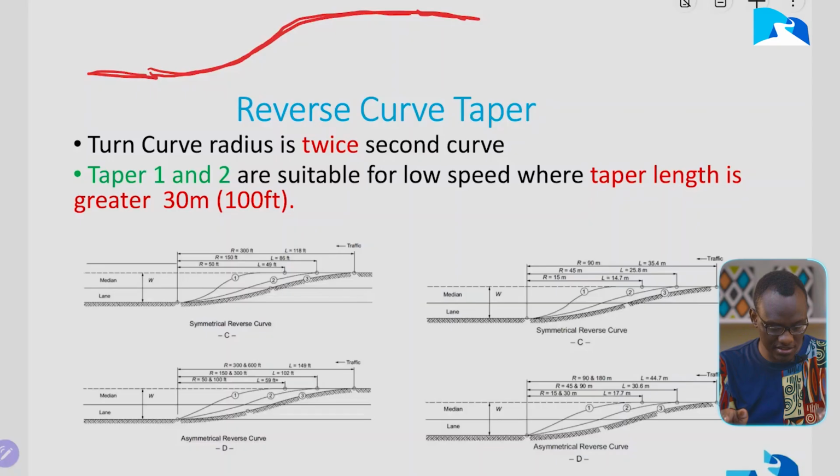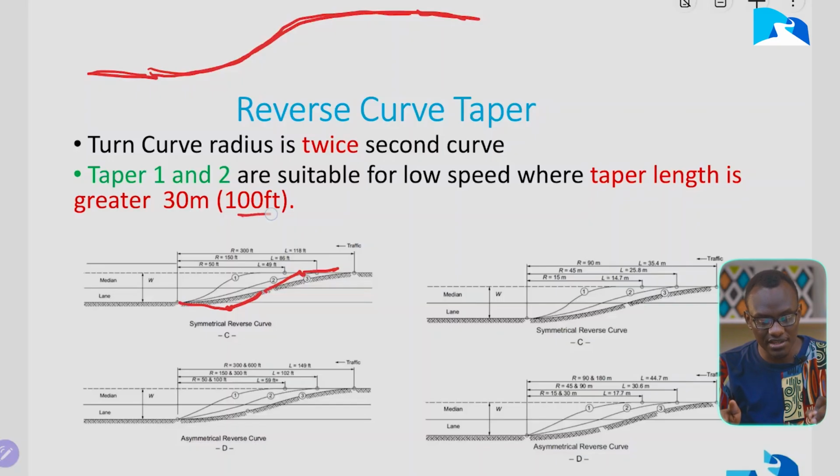With asymmetrical, one curve is not similar to the other; they don't have the same points of intersection. If they're symmetrical, the two are the same, while if asymmetrical, you may find one curve starts earlier than the other.